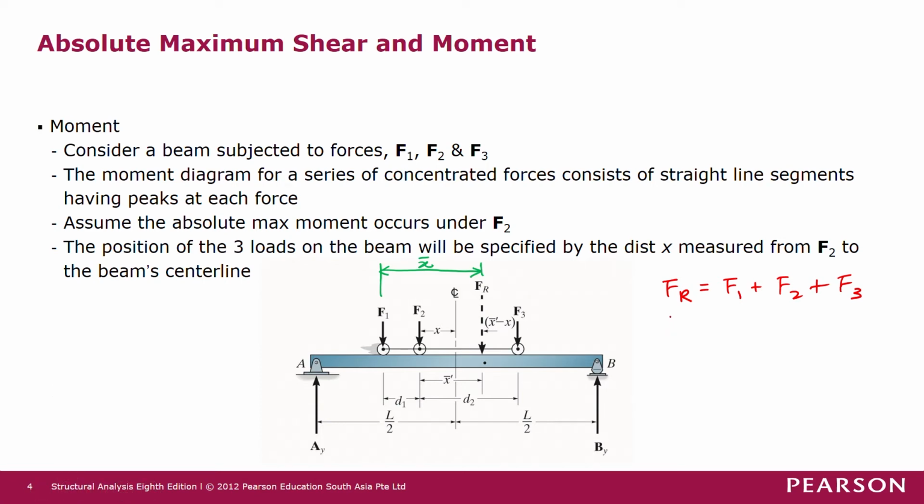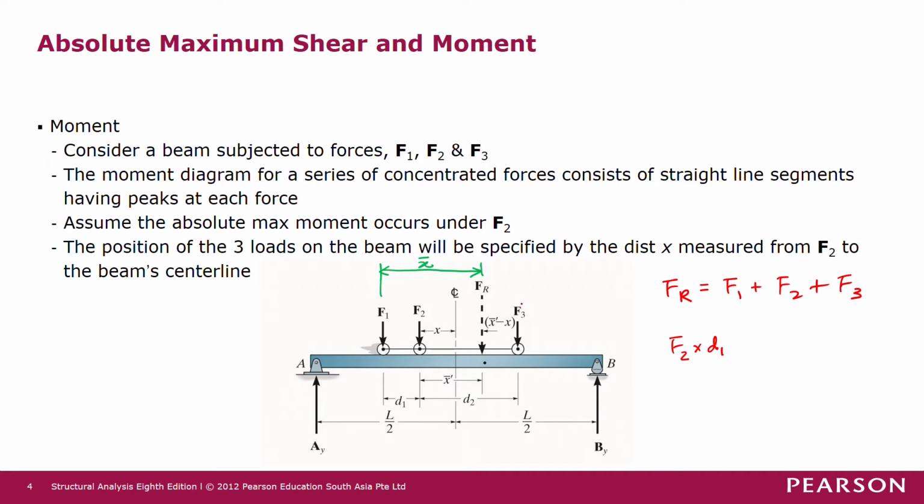So in this case, when we use this point as the reference point, F1 to this point is 0 distance, so there is no moment caused by F1. The moment caused by F2 to this point is F2 times D1.